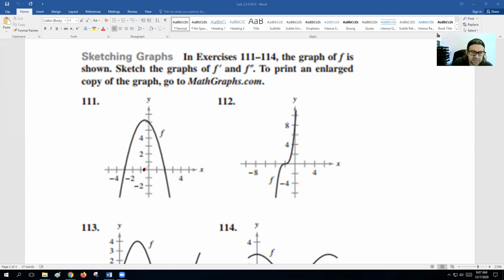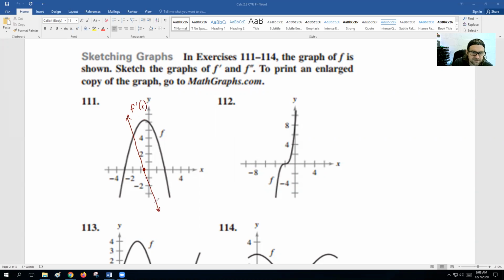So I'm going to put a 0 down right there on the x-axis. Now the graph is going up and then it becomes flat and then goes down. So our answers need to be positive, above the x-axis, and then going straight down into the negatives, because we have negative slopes. So here is the first derivative.